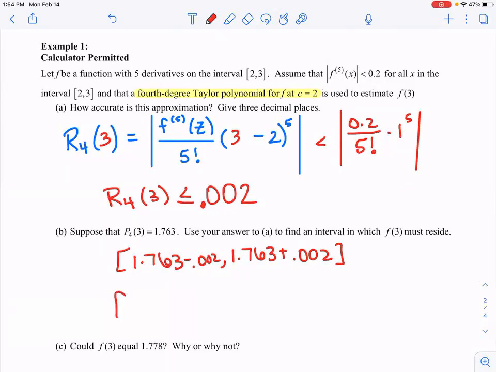So our actual function value of 3 is going to live in the interval 1.761 to 1.765. That's actually a pretty tight window, and we only used a 4th degree polynomial.